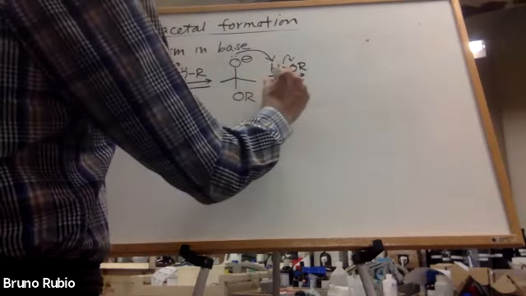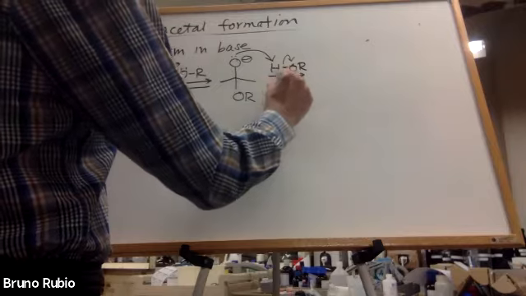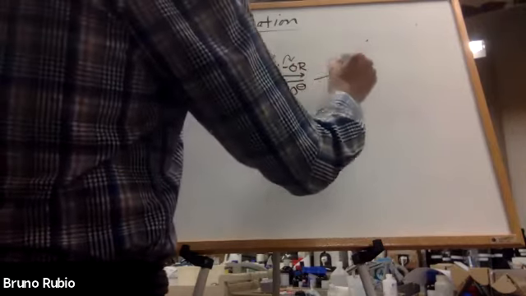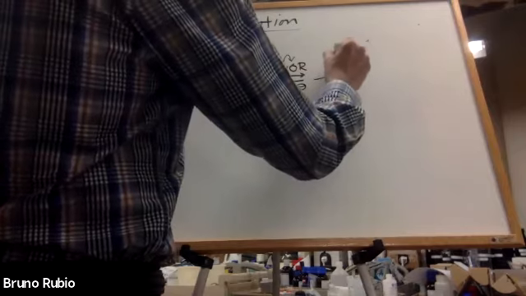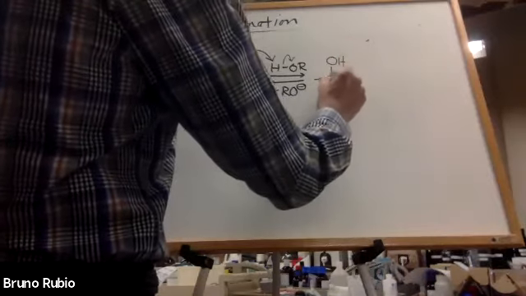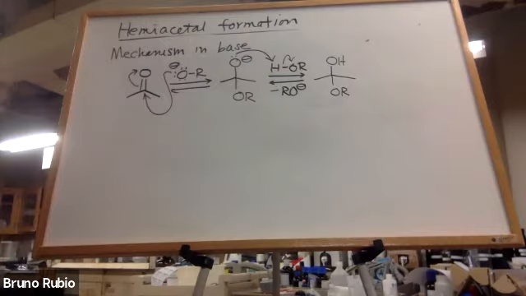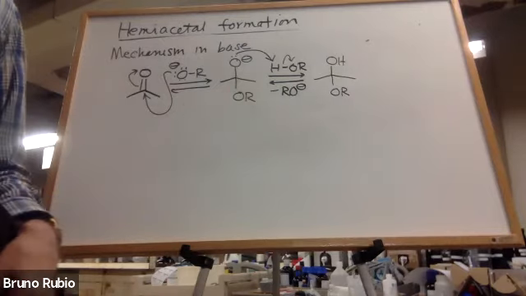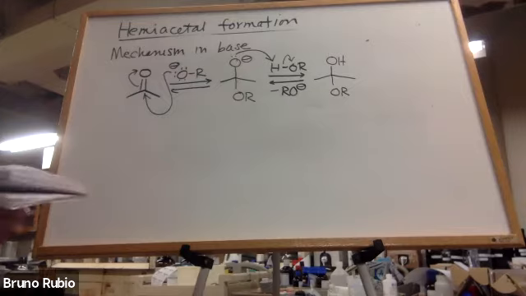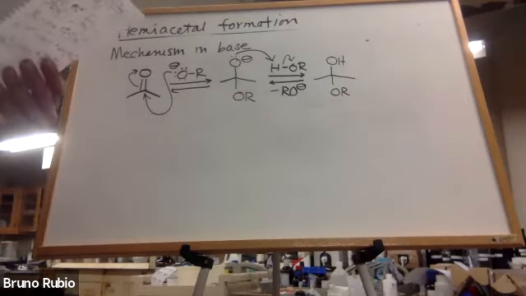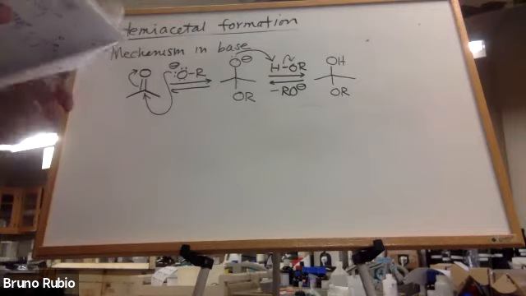And so RO minus is produced. And what we really care about is the hemiacetal that was manufactured here under basic conditions. So again, it's exactly the same mechanism as we had for hydrate formation, except that we're using an alcohol instead of water.